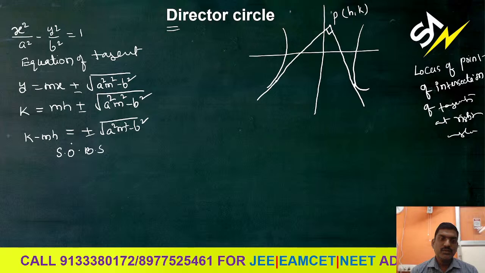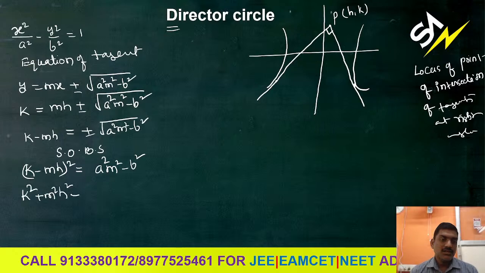We get (k minus mh) whole square equals a square m square minus b square. Let us simplify this: k square plus m square h square minus 2mhk equals a square m square minus b square. Then write all the terms on one side.